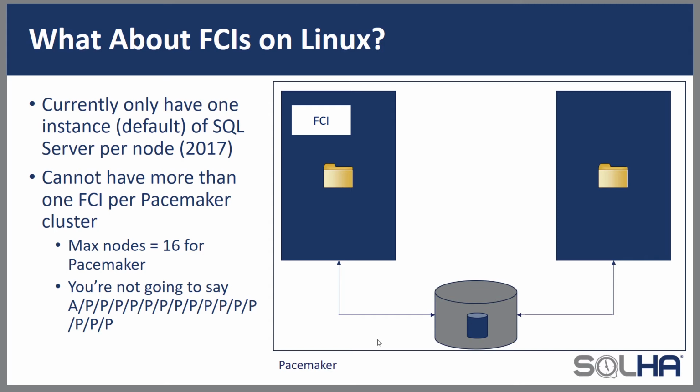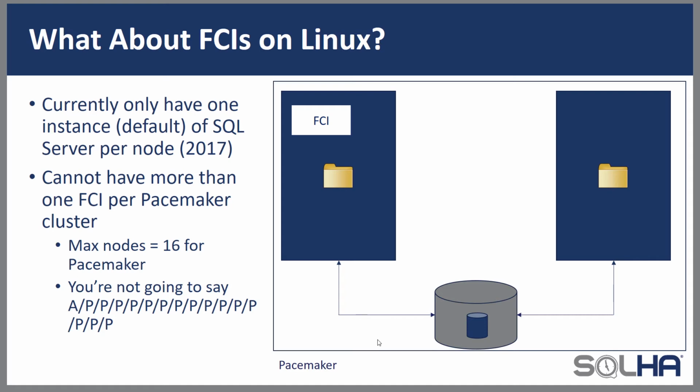What about the Linux side of FCIs? The good news is that you can configure an FCI when you're using Linux, and it uses Pacemaker as the underlying cluster. Now, I mentioned earlier that there are some differences, and one of the main ones which affects FCIs directly is that you can only have a single FCI in a Pacemaker cluster.